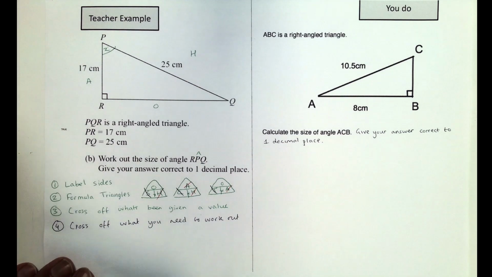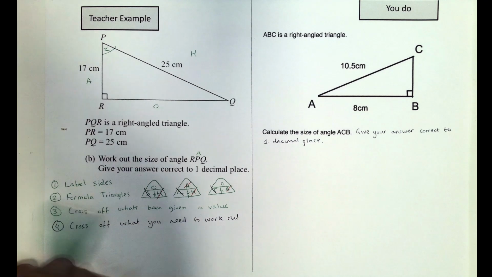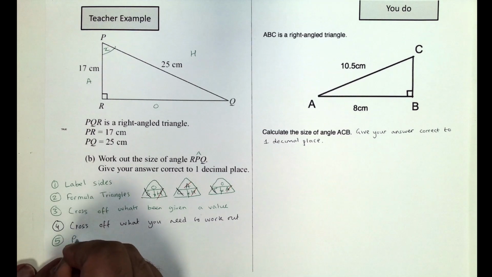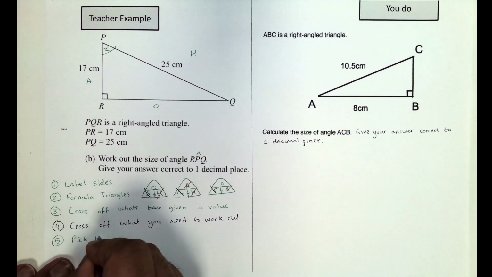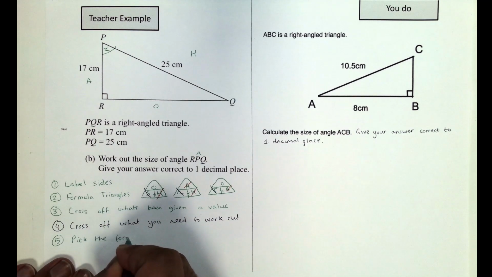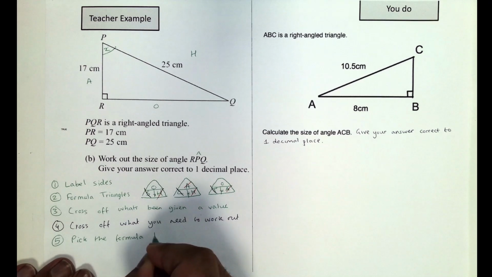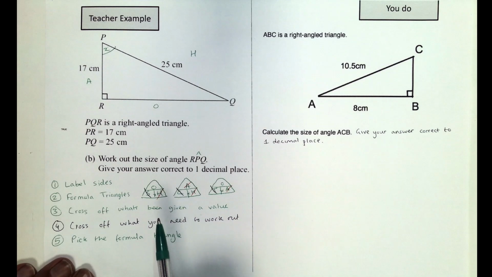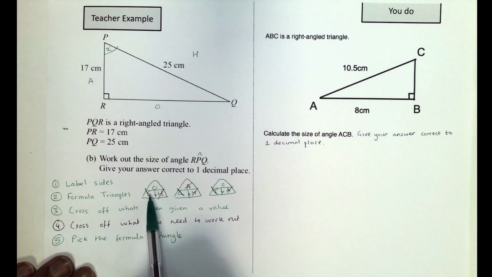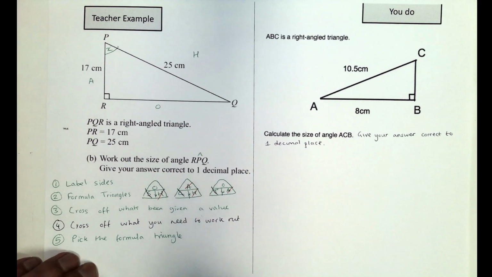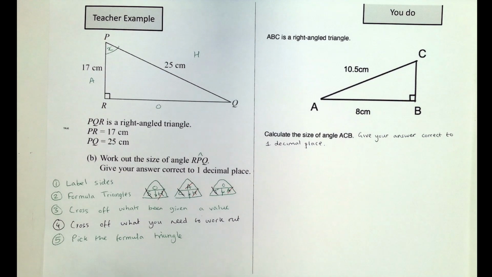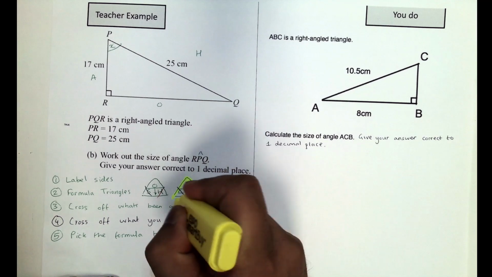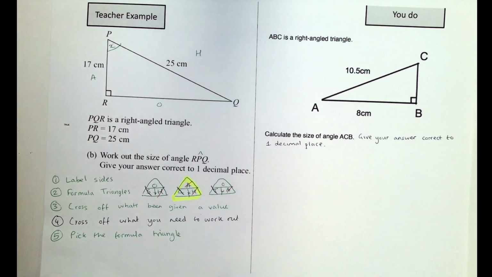Step 4 was that, and step 5, pick the formula triangle. How do you know which formula triangle to pick? There will be only one triangle with everything crossed out, and in this case it will be this formula triangle here.